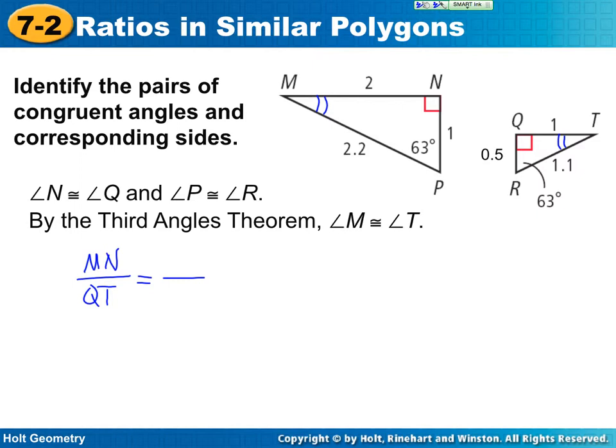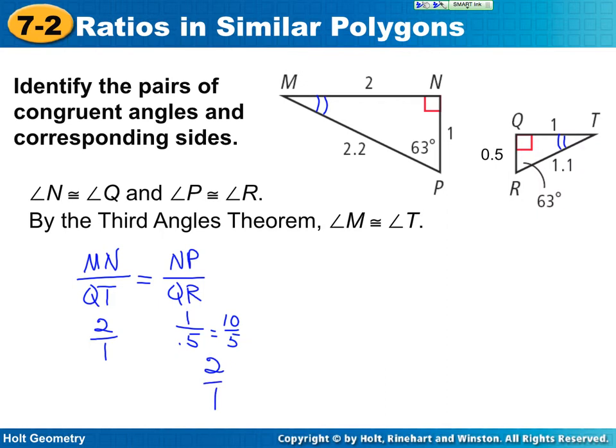Yep, it is 2 over 1. I was going to do the numbers after a bit. I'll write it down below. 2 to 1. Okay, what's another pair of sides? NP compared to QR. And that would be 1 to 0.5, which would be like 10 to 5. So that's 2 to 1.